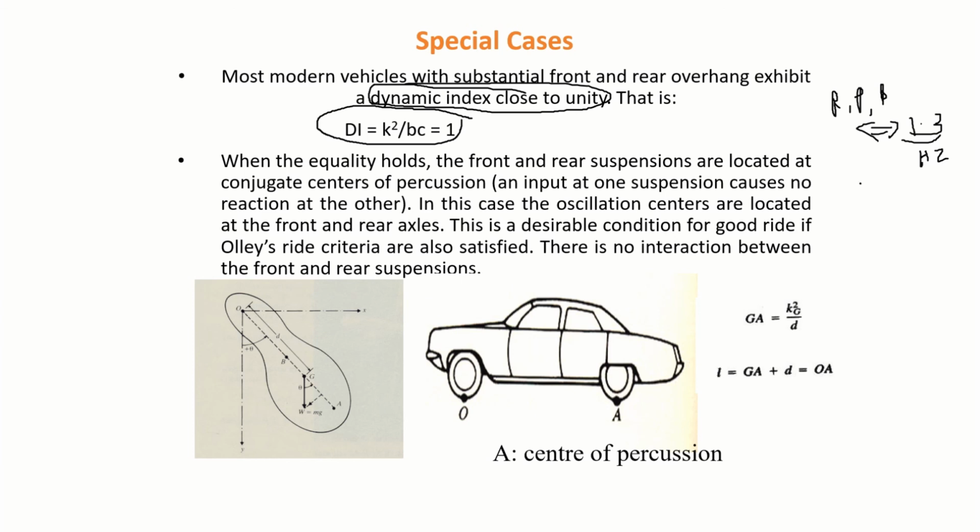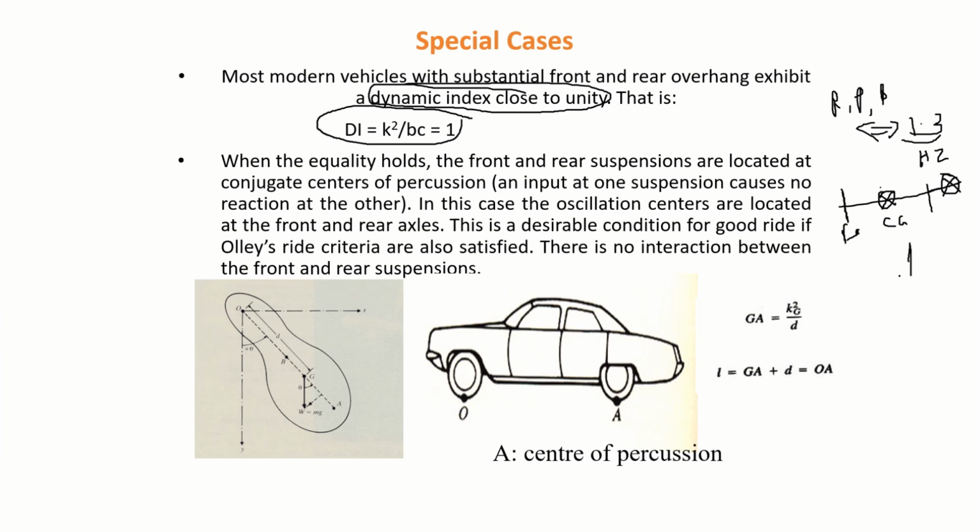For that, three important things you have to do. See that the pitch center always lies between the center of gravity and the front axle, and the roll center lies on the ground beyond the center of gravity. The second thing is that the dynamic index k squared by bc must be equal to 1.